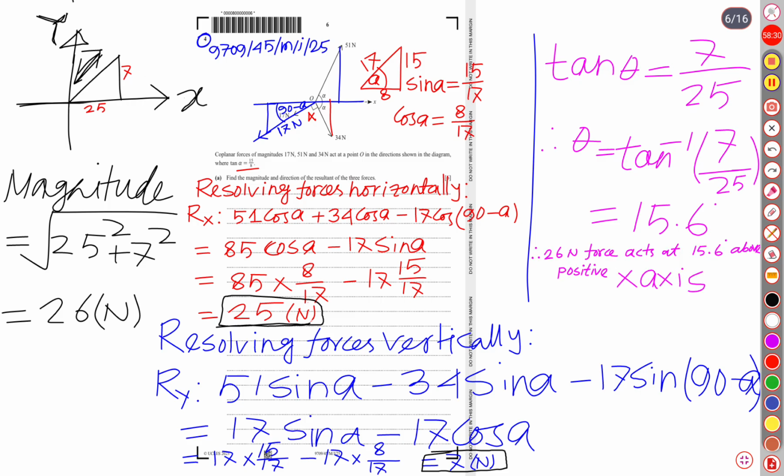If we sum up the answer, we will write: 26 Newton force acts at 15.6 degrees above the positive x-axis. So our magnitude is 26 Newton and our direction is 15.6 degrees above the positive x-axis. So that's all about this topic. Let's move on to the next topic.